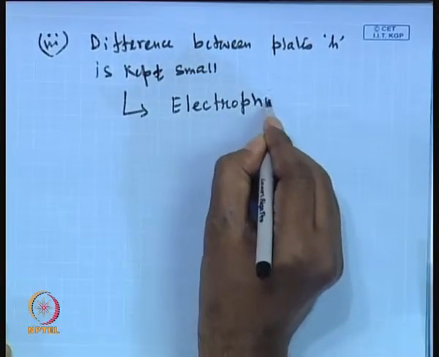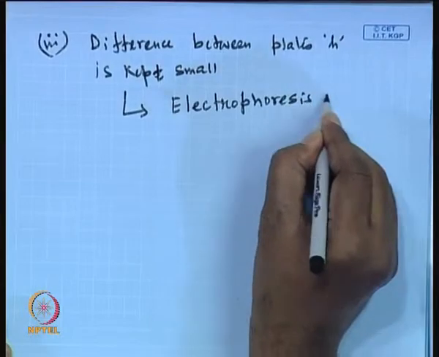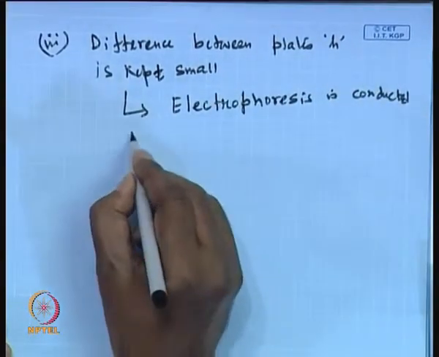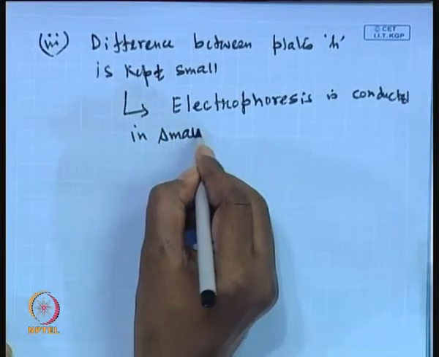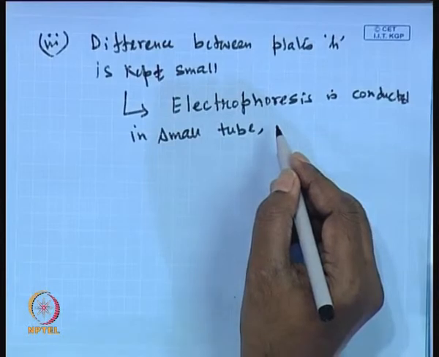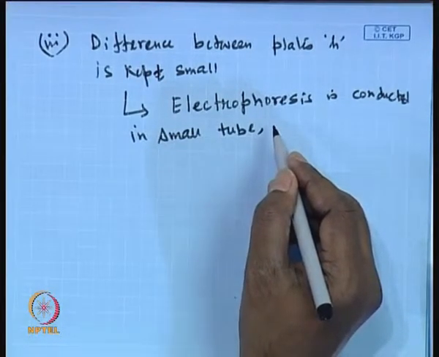So, electrophoresis is conducted in small tube, or the material inside the tube is filled up by a porous gel or porous membrane, so that the natural convection will be controlled.